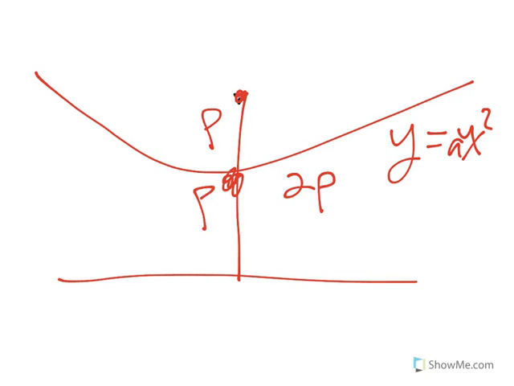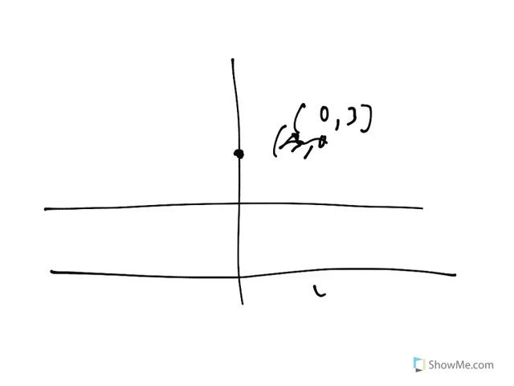So I want to show you a relationship between p and the a value. Here's a specific example. Suppose I want to get the vertex at 0, 0, so I'm going to put the focus at 0, 3. And the directrix, I'm going to put y equals -3. So whatever I put as this number is going to be that number.